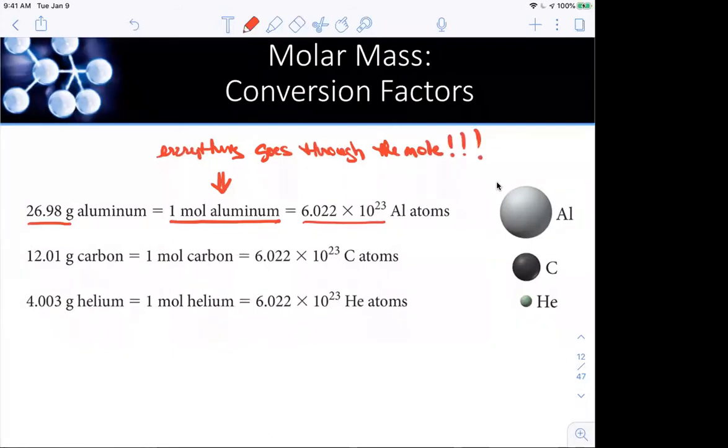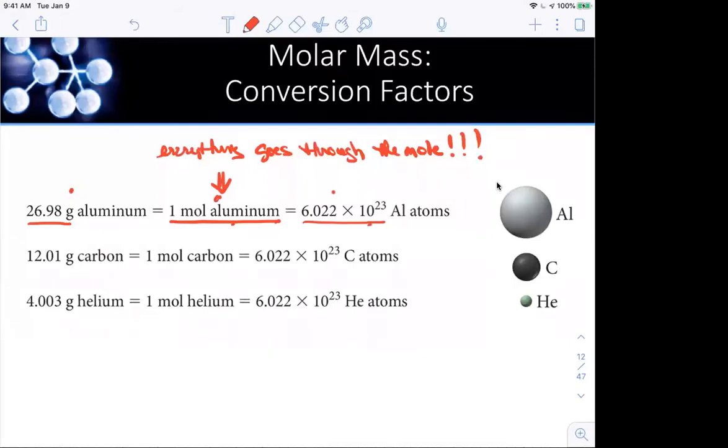So I can convert from mass to moles, and then from moles to number of particles using 2 different conversion factors. Or I can convert from numbers of particles to moles, and then from moles to mass using 2 different conversion factors. What I cannot do is go from grams to number of atoms directly. I must go through the mole.